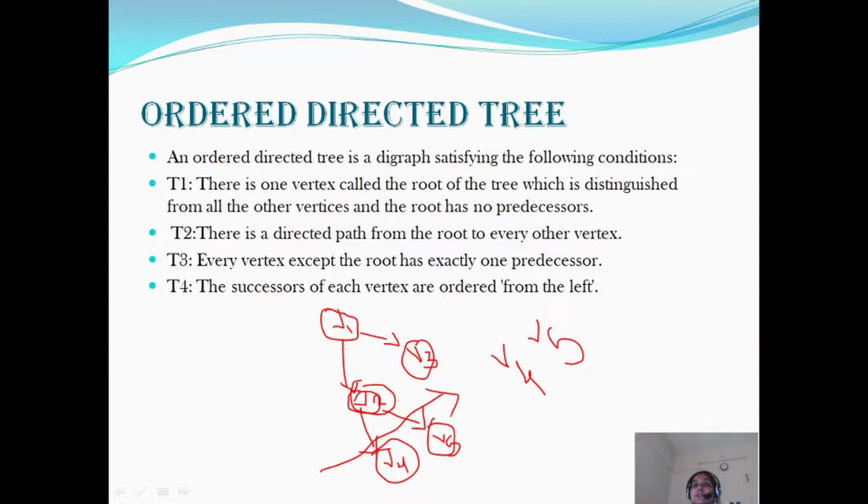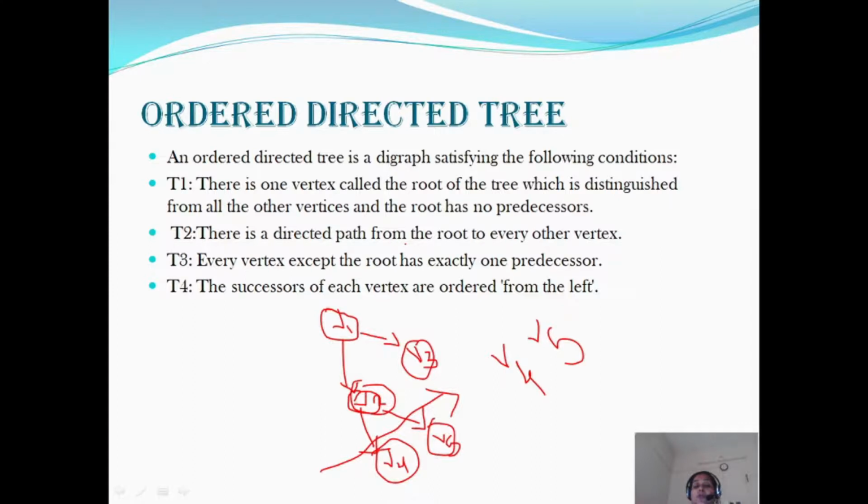The root has no predecessor, but all other vertices must have exactly one predecessor. And when taking successors, they must be ordered from the left, not the right. That is called what? An ordered directed tree.